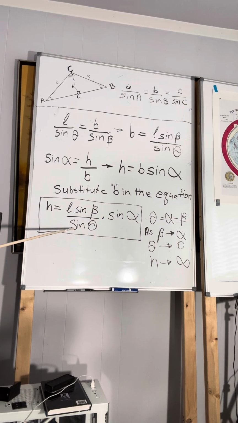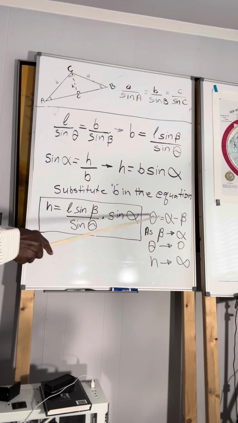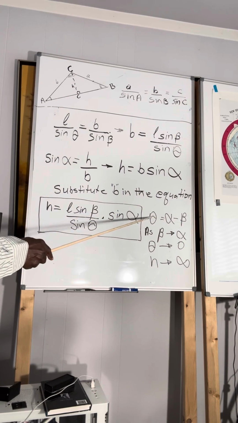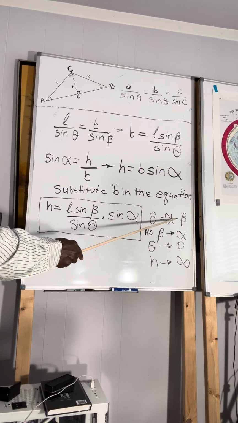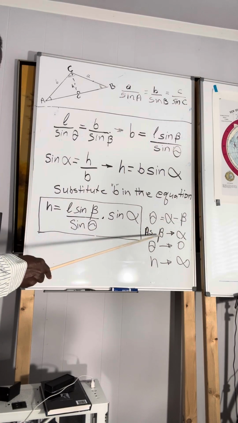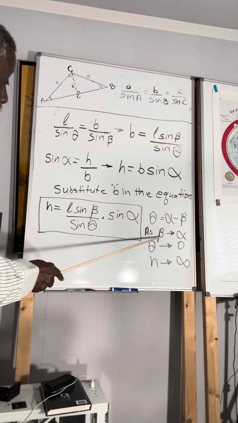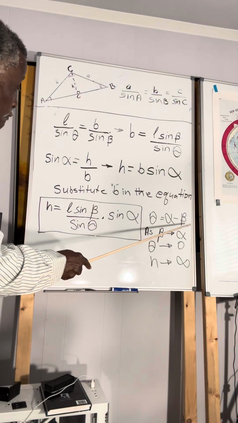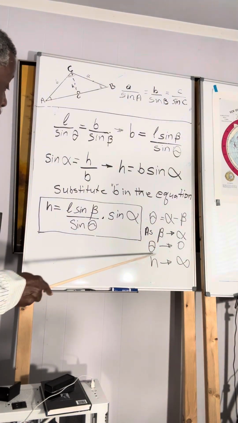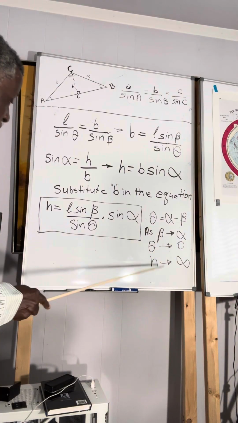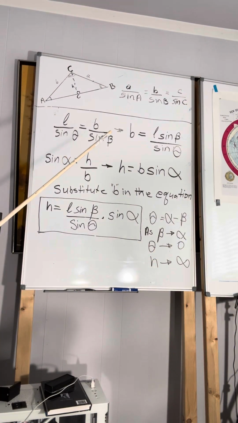And theta is equal to alpha minus beta. So as the angle beta approaches the value of alpha, theta becomes 0 and height becomes infinity.